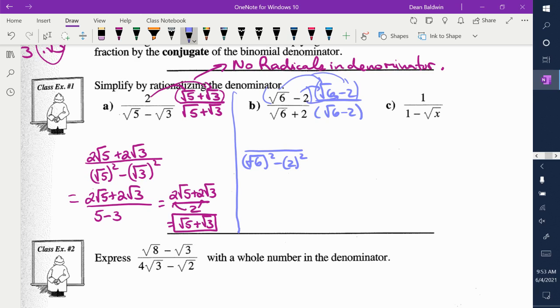So you're going to go root 6 times root 6, which is root 6 squared. I'm just going to write it out all the way. Root 6 times negative 2. Negative 2 times root 6. Negative 2 times negative 2 is positive 4.